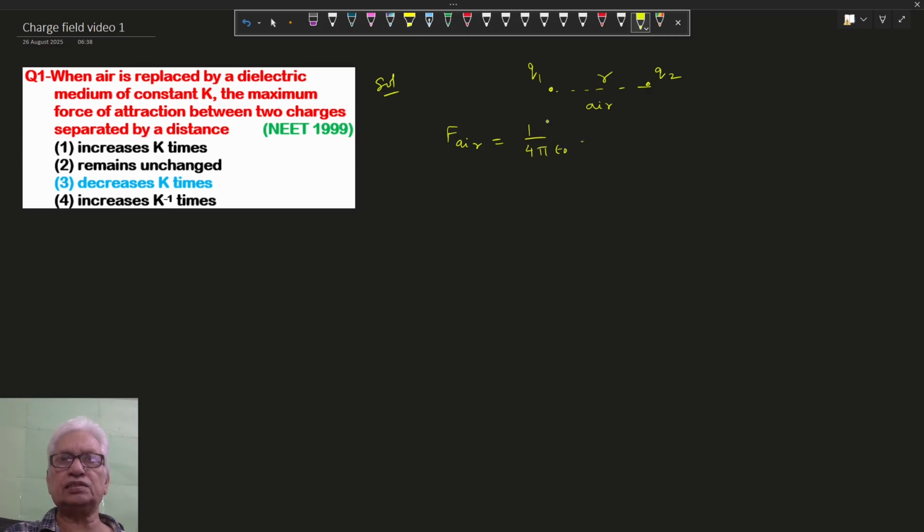Here epsilon naught is the permittivity of the vacuum, multiplied by the product of the charges.